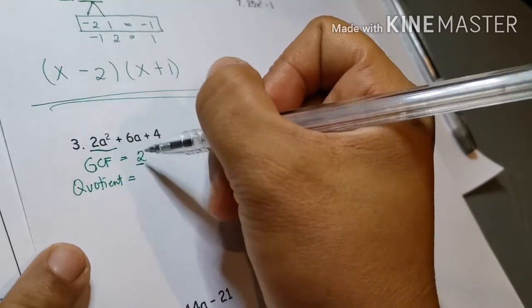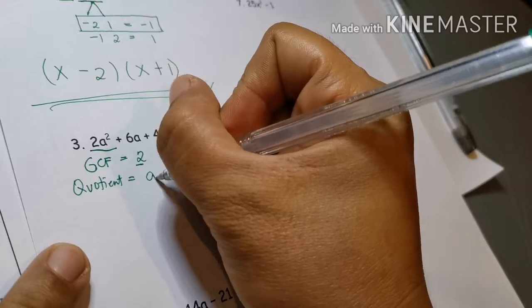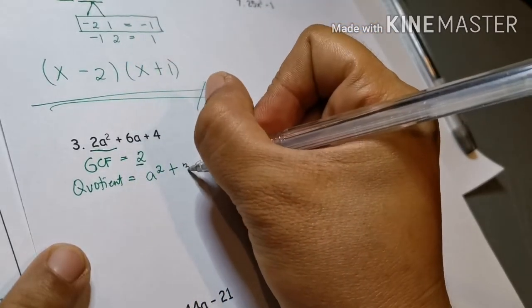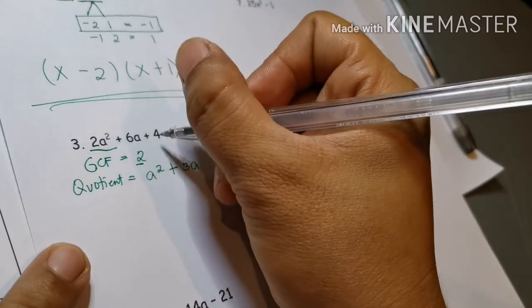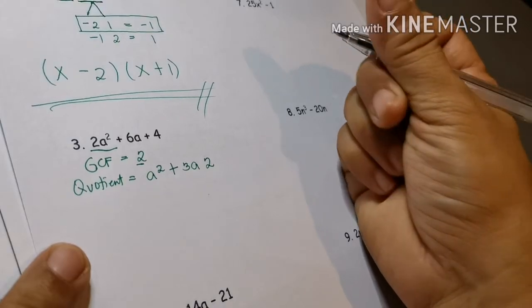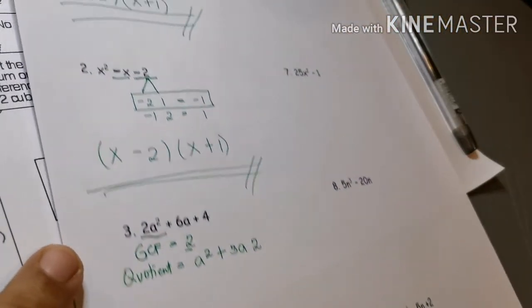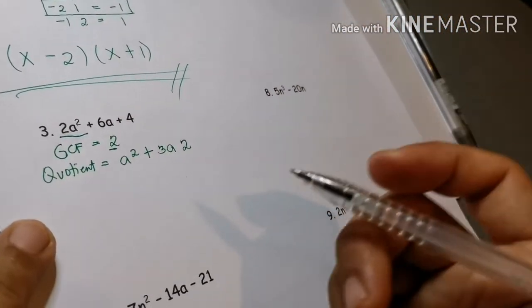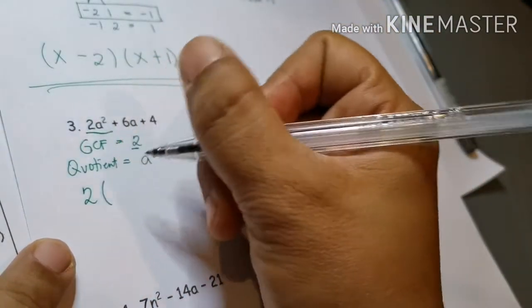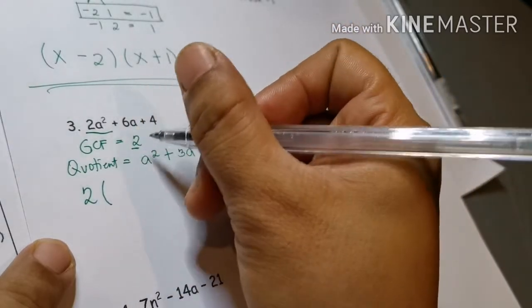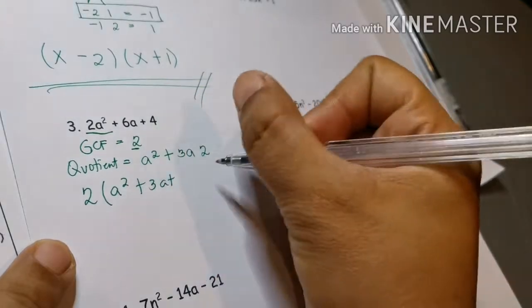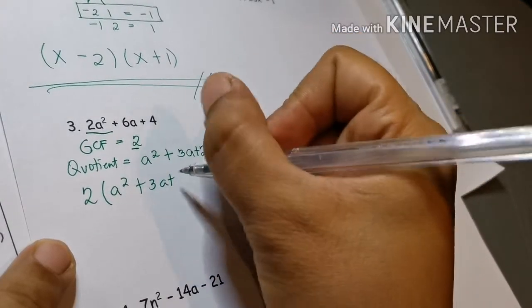So 2a squared divided by 2 is a squared, plus 6a divided by 2 is 3a, plus 4 divided by 2 is 2. So we are going to write our factors this way: 2 and a squared plus 3a plus 2.